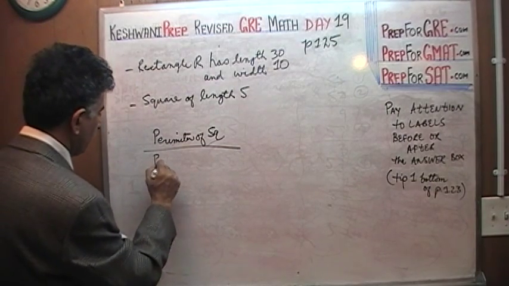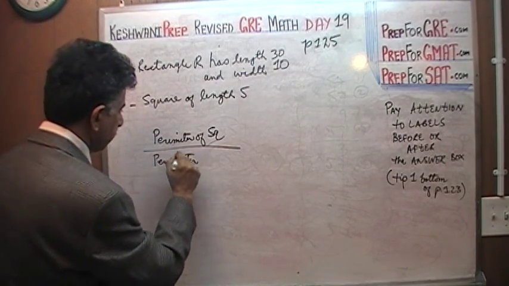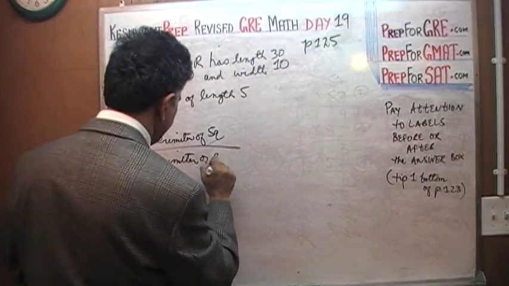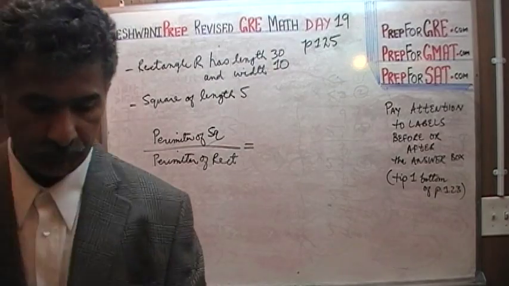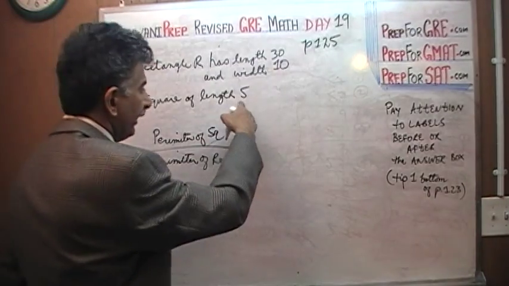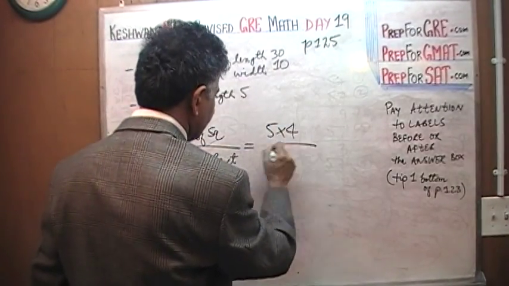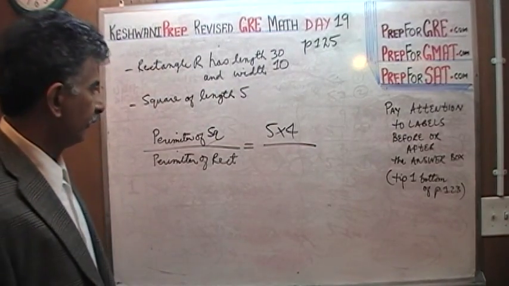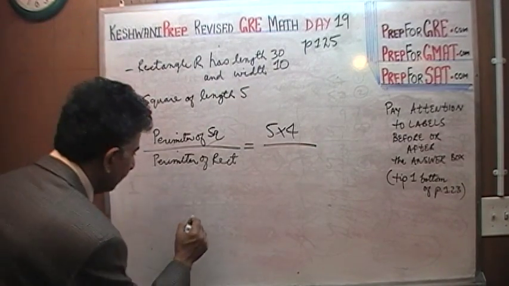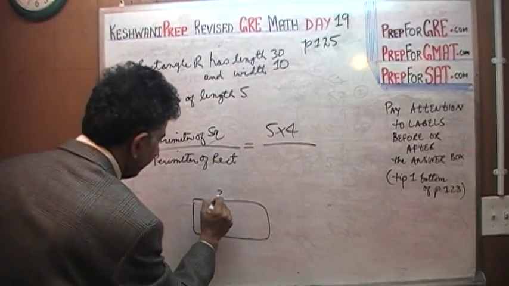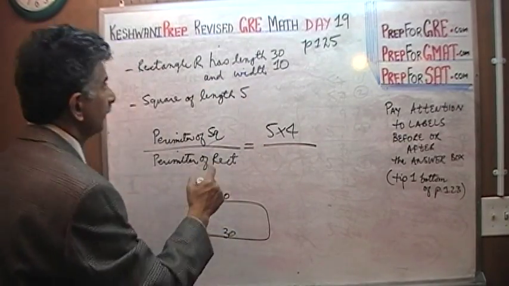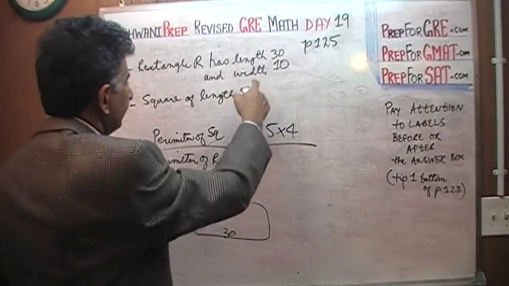The perimeter of the square is very straightforward, very simple. It has a length of 5 and there are 4 sides to it, so the perimeter of the square is just 5 times 4. The perimeter of the rectangle: we are told that the rectangle has a length of 30 and the width of 10.